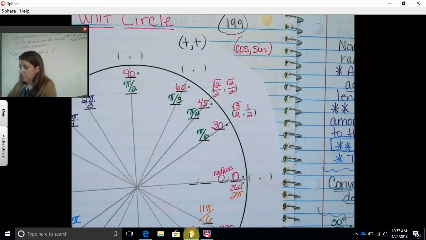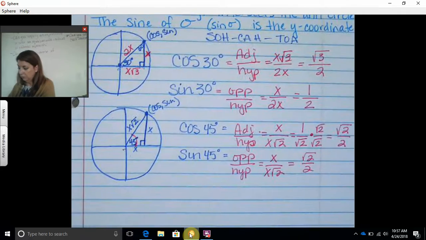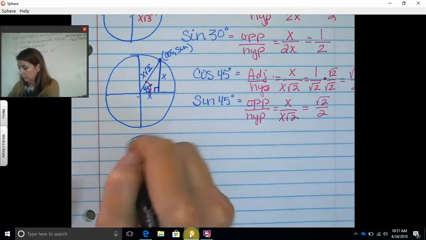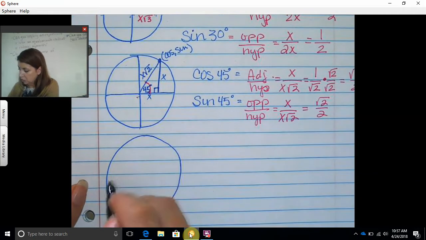All right, let's do that 60-degree circle. I'll get to the 90-degree circle and then we'll stop for today and then we'll figure out the rest next class. And you will see a pattern start to emerge.